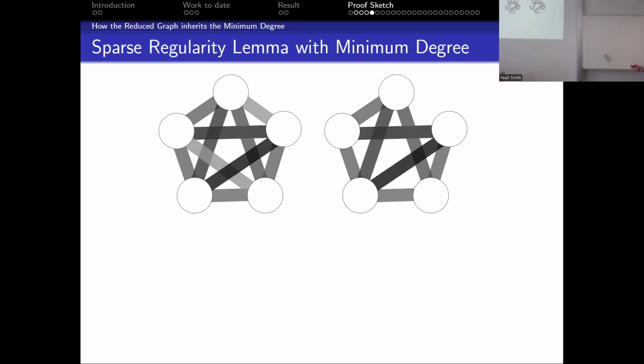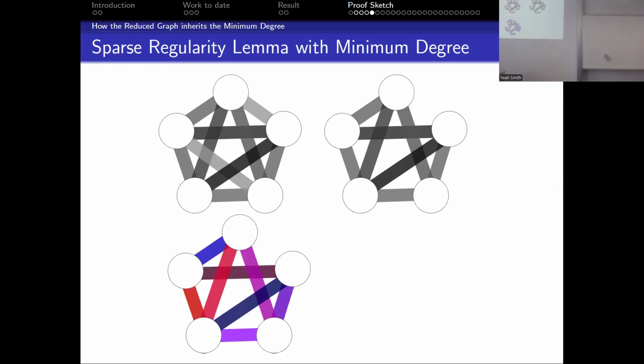You can introduce a cutoff density so that by taking out the low density pairs, you can show that the produced graph, this thing here, has roughly the same normalized degree as the original graph.